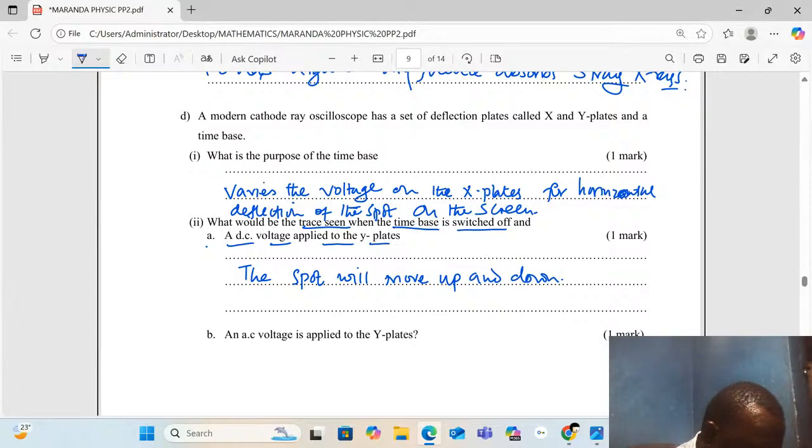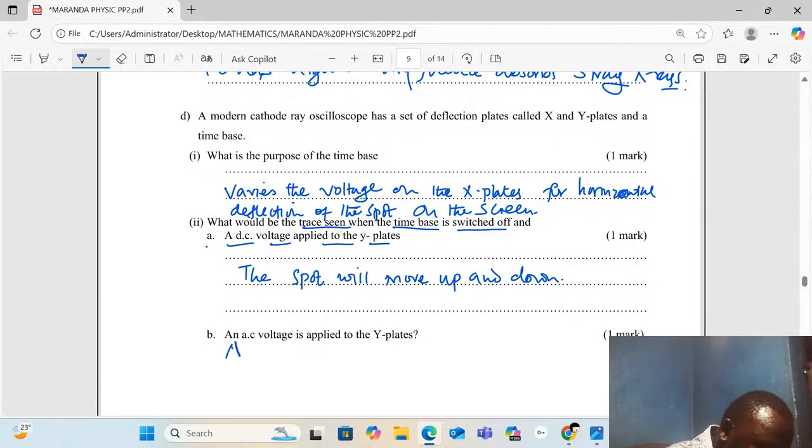Then an AC voltage is applied to the Y plates. So still, the issue that we are looking at is the type of voltage being applied. The DC will be moving up and down, but the AC one, because of its high frequency, we expect to see not only a spot but something that is continuous.